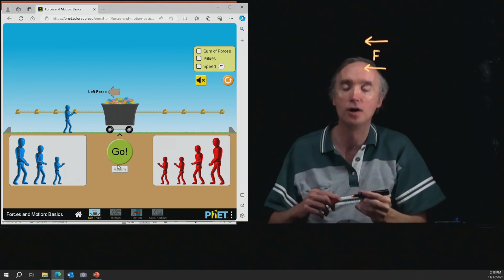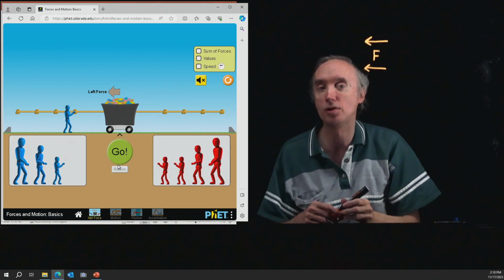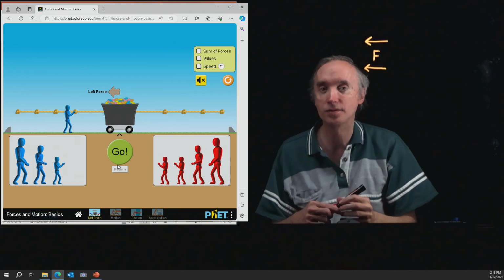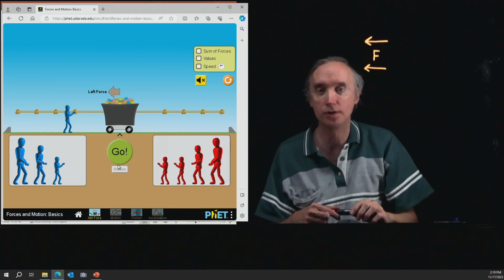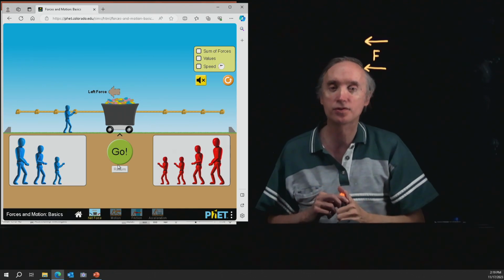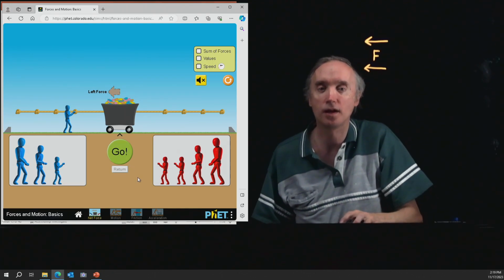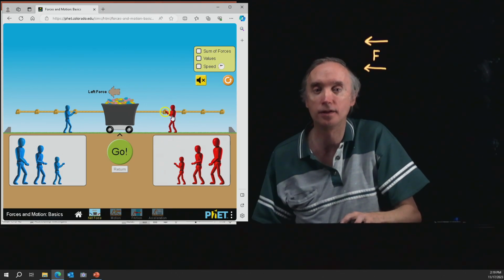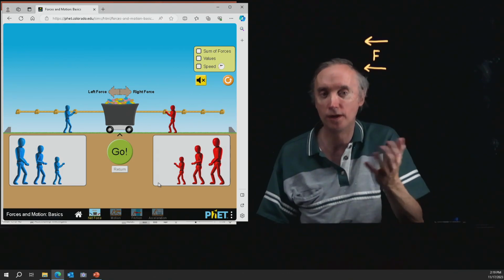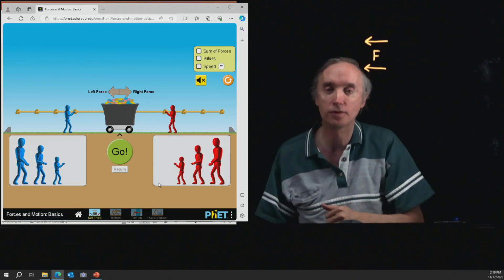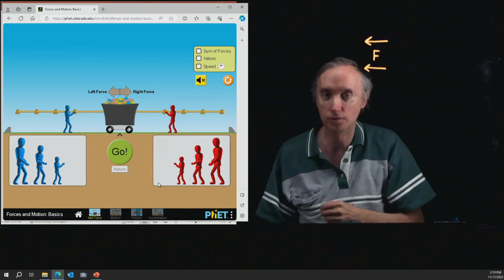Now at this point, we can't really say what the motion is, but we can say that the cart moved in whatever direction the force was being applied. So let's try it again, but this time let's have a little guy on that side, and let's put a little guy on this side. And now I want you to make a prediction before you hit the go button. What do you think is going to happen?